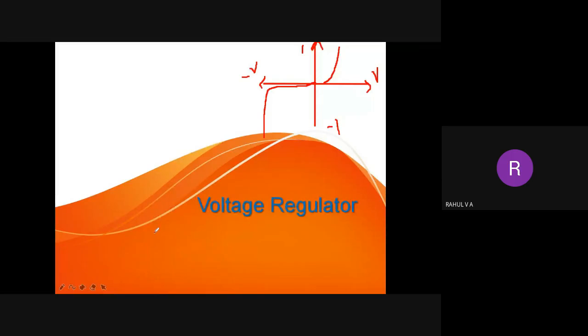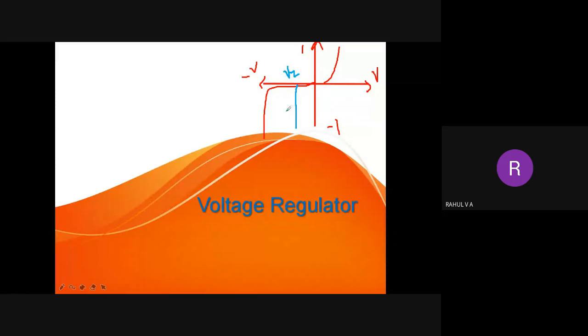In the forward bias condition, it acts as a normal diode. So the characteristics of a Zener diode are similar to the forward biased characteristics of the VI of a PN junction diode. But in the reverse bias condition, the breakdown occurs at a lower voltage, and this voltage is known as VZ, the Zener voltage.